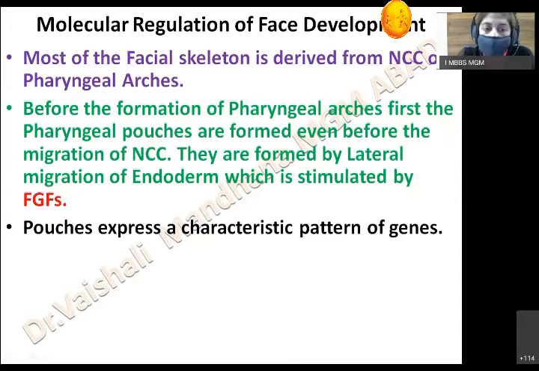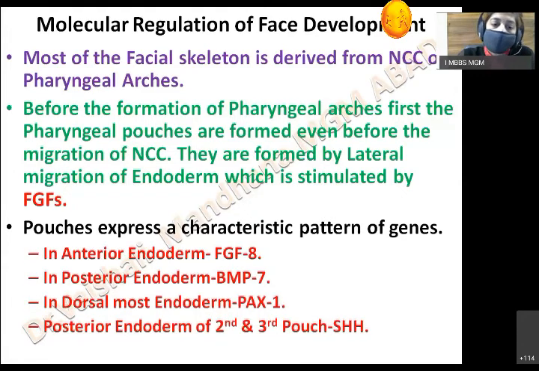So pouches express different characteristic patterns of genes in different regions of the pouch. In the anterior endoderm, they express fibroblast growth factor 8. That is the anterior end of the pouch.